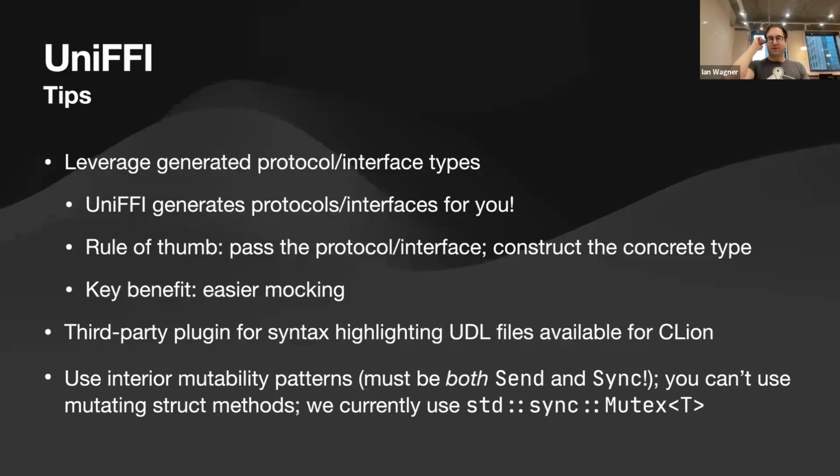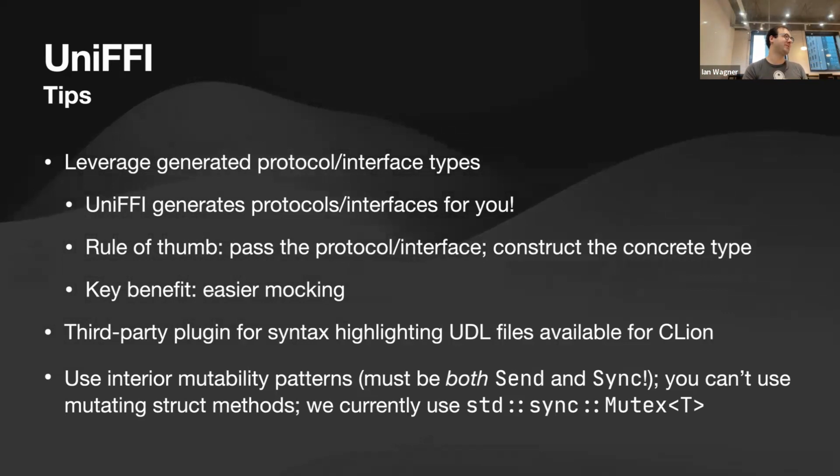So some tips that I have from working with this. First one is to use the generated protocol and interface types as much as you can, because the big benefit is that you get easier mocking, so you can write unit tests against it. So for example, if you're building a navigation SDK like we are, you don't want to have to rely on having an actual GPS signal in a device in order to run a test.